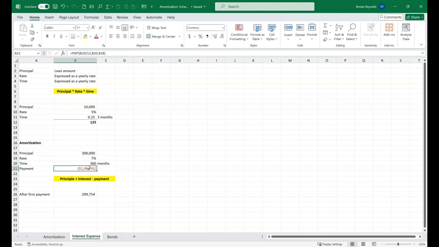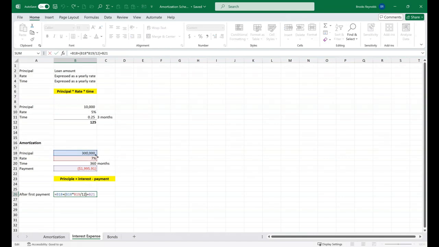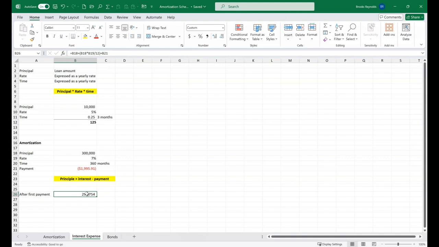And so then we're going to determine the interest, which is 300,000 times 0.07 divided by 12. And then we're going to subtract, or either add a negative number or subtract. And so the balance after we make the payment is going to go down to 299,754.